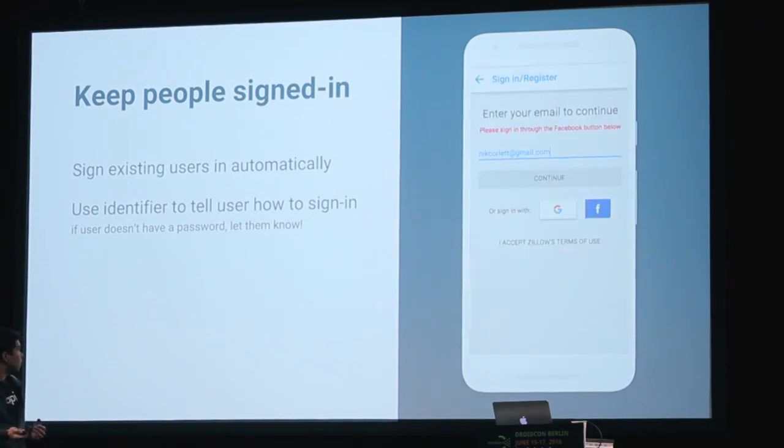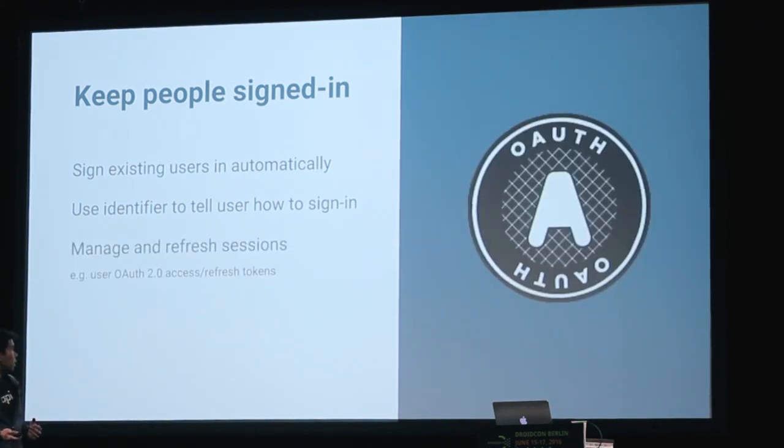And then lastly, the idea is that once you do have someone signed in, do what you can to keep them signed in. And so that's doing things like proper session management. The OAuth 2 protocol defines this pretty well, and that's doing things like using an access token for short-lived authentication to a back-end service, and then keeping a refresh token on the device that you can then use to periodically update the access token.